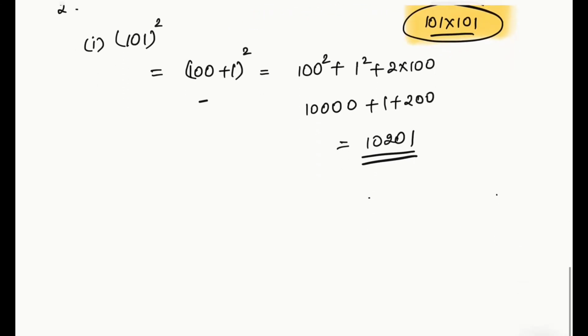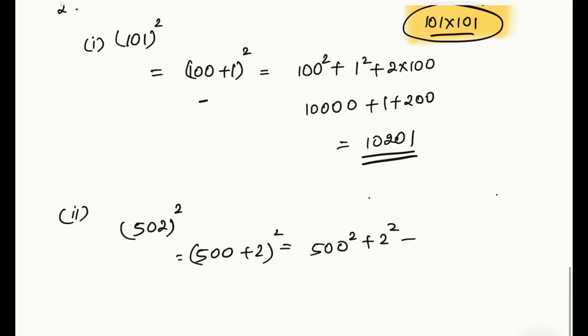Okay. Coming to the second sub question, we have 502 whole square. How do I split it? I can split it as (500 plus 2) the whole square. That is equal to 500 square plus 2 square plus 2 into 500 into 2. So I get 2500, no, I'll get it as 2,50,000, because 2 zeros and 25.